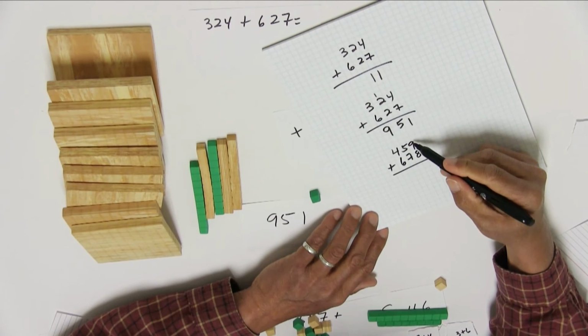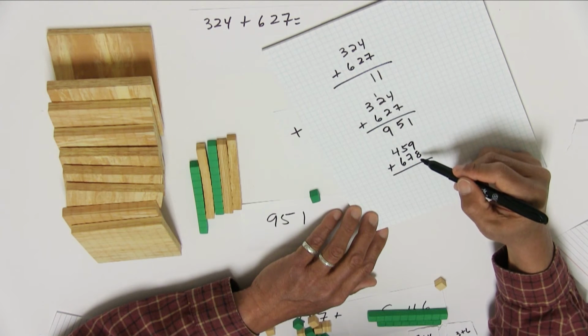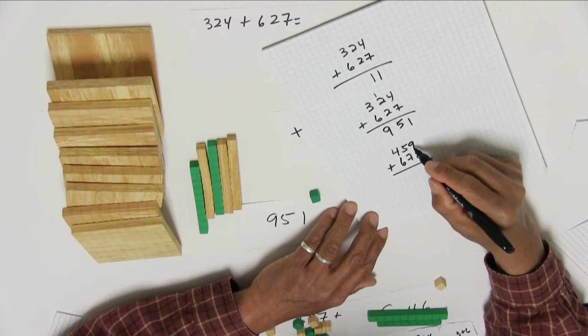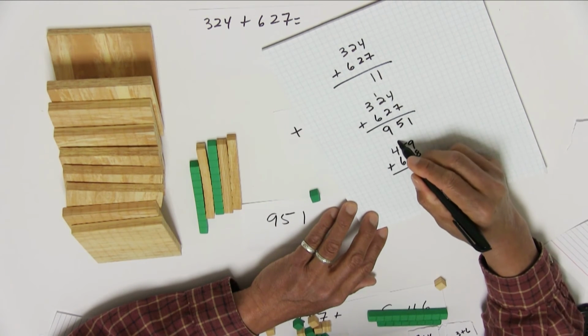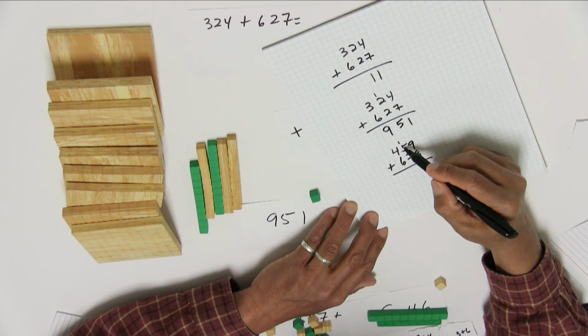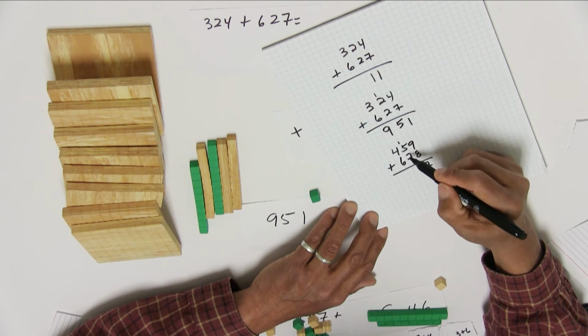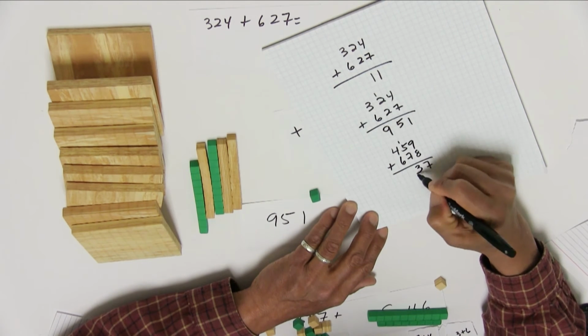And all I want them to do is tell me the steps that they're going to do to solve the problem without using manipulatives. So 9 ones plus 8 ones is 17 ones. I might put one mark up there to show that I made an exchange. 5 tens plus 7 tens makes 12 tens plus 1 more ten makes 13 tens.